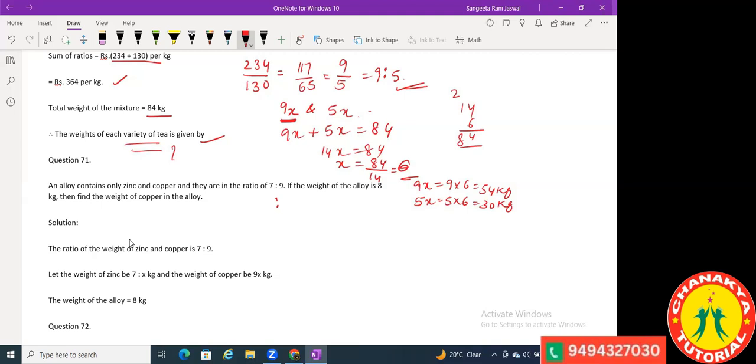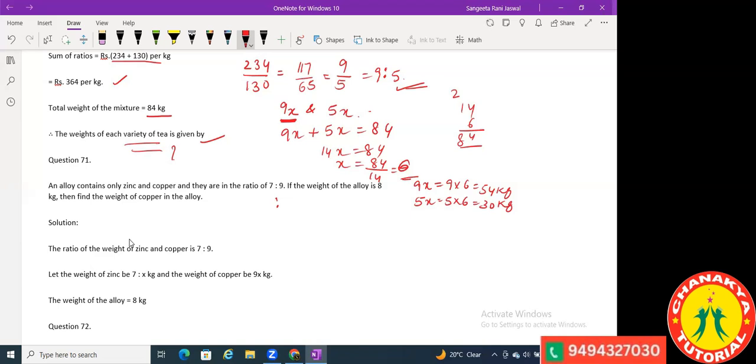Teacher, first we take the ratio. Which ratio? Teacher, 7 is to 9. What will you do with that? I don't know, teacher. Can you make me learn? Yes, Ashwath, tell me.